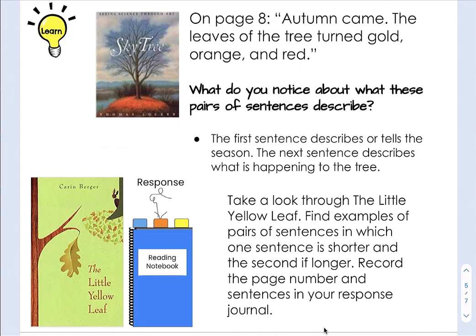Then record the page number and sentences in your response journal. So you'll write a chart that has the page number and the sentence. So make sure you tell us what page you can find that sentence on. You have to have evidence, be able to prove that there are shorter sentences and longer sentences on specific pages. So you can pause the video now to look through The Little Yellow Leaf and find those sentences on your own.